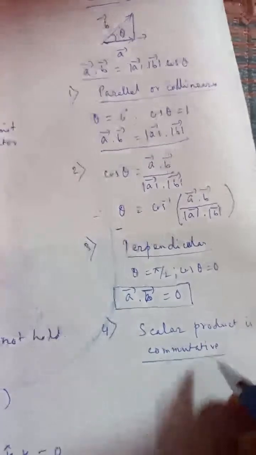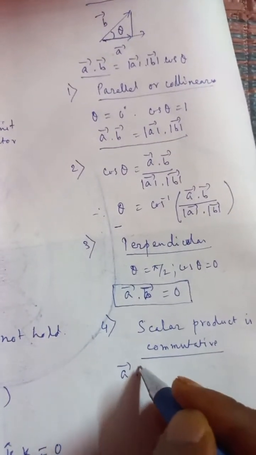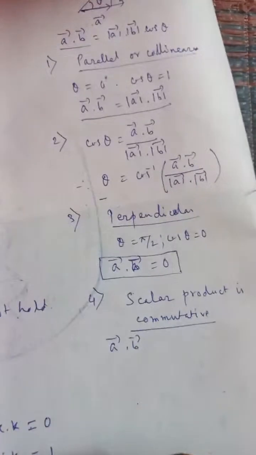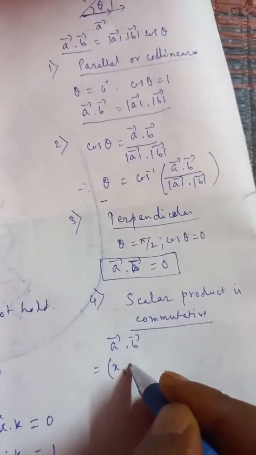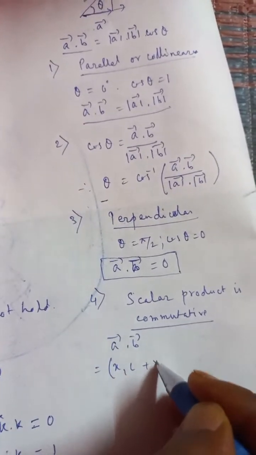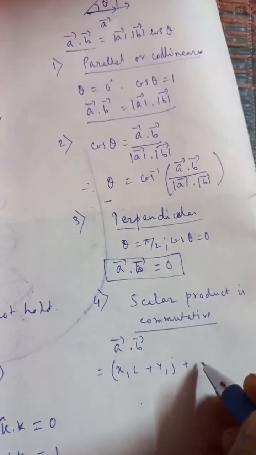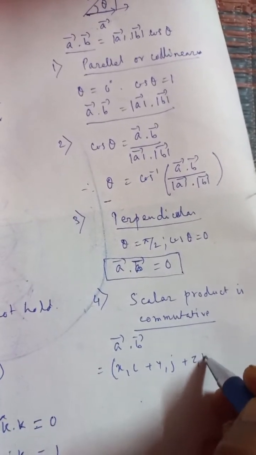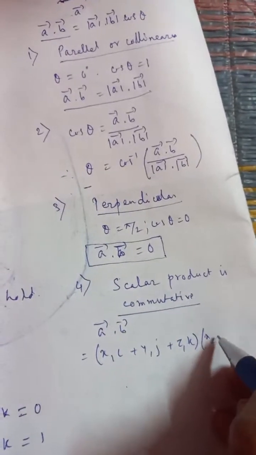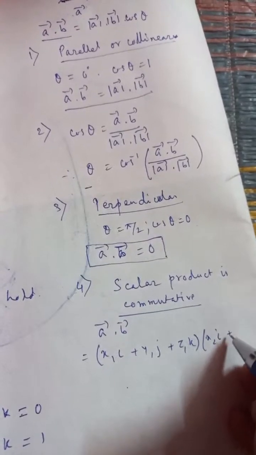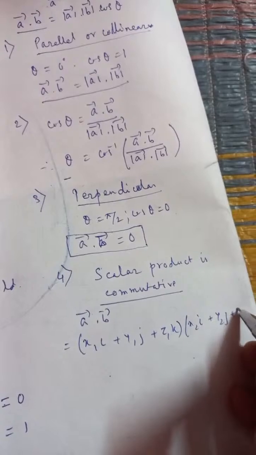How can we prove this? We take A vector dot B vector, where A vector is x1 i plus y1 j plus z1 k, and B vector is x2 i plus y2 j plus z2 k.